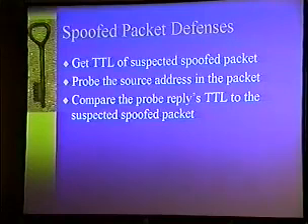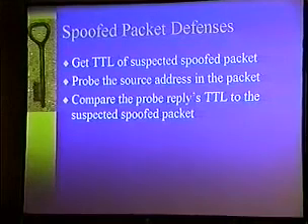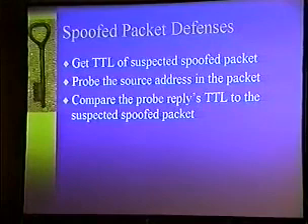Now, the interesting thing about this is that if you do it quick enough, you usually can get fairly accurate. I'd say you probably have at least a 90 to 95% chance of determining whether it's a spoof packet or not. Yes, routes do change.